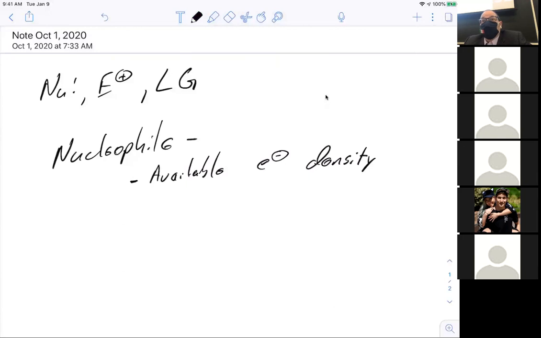The nucleus is positive, so therefore it's going to be negative. Often these are going to be electron rich. And the things we're really looking for are lone pairs, negative charges, and pi bonds.